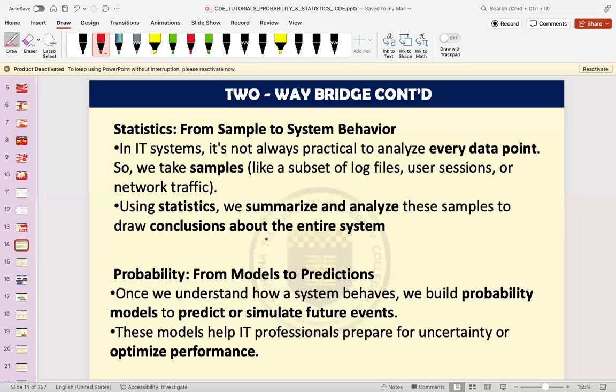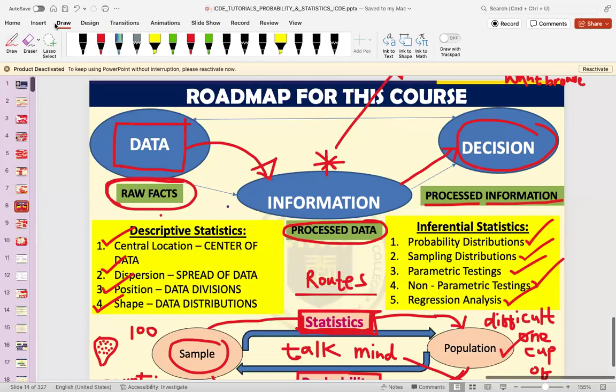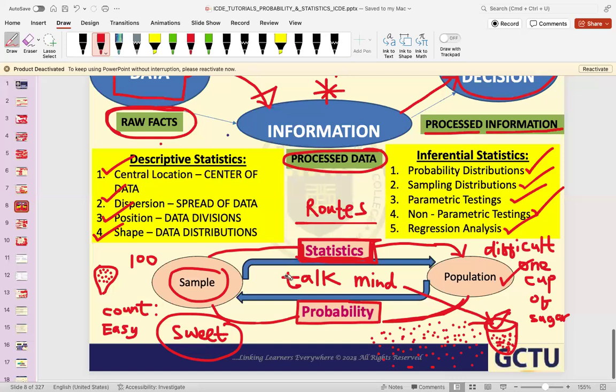So in conclusion, we say that probability and statistics is a two-way bridge. It's a two-way bridge, and I've drawn the bridge for you already. The bridge was our road map, and this is the bridge. Let me tidy it again.